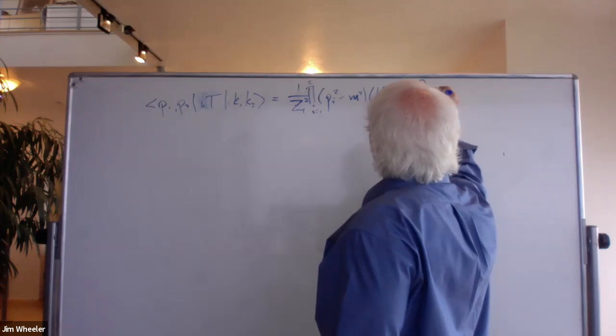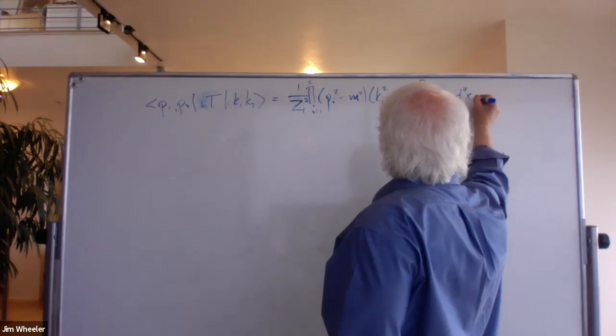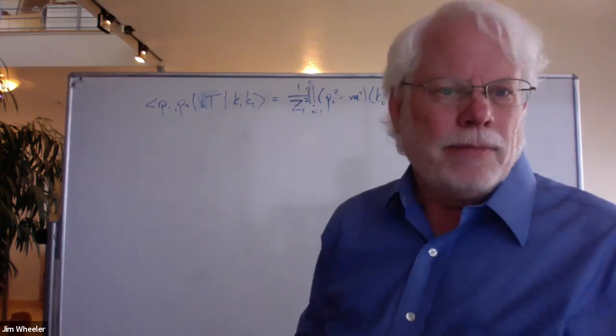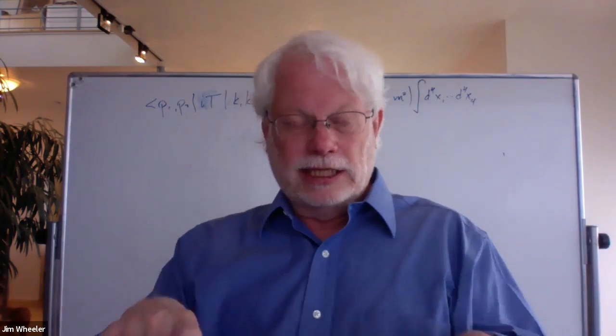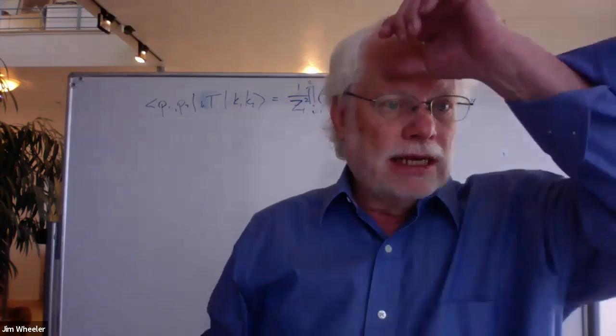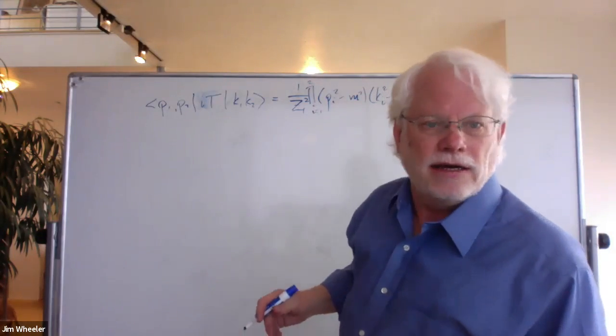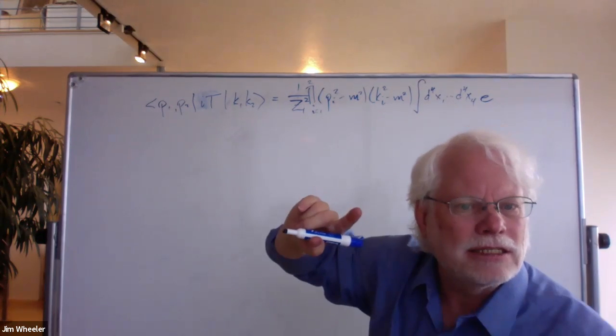And then we have a whole mess of integrals, d4x1 through d4x4. And those, x1 and x2 I'm going to take to be the initial positions of the particles, x3 and x4 the final positions. And then we have the exponential of e to the, let me see my sign here.